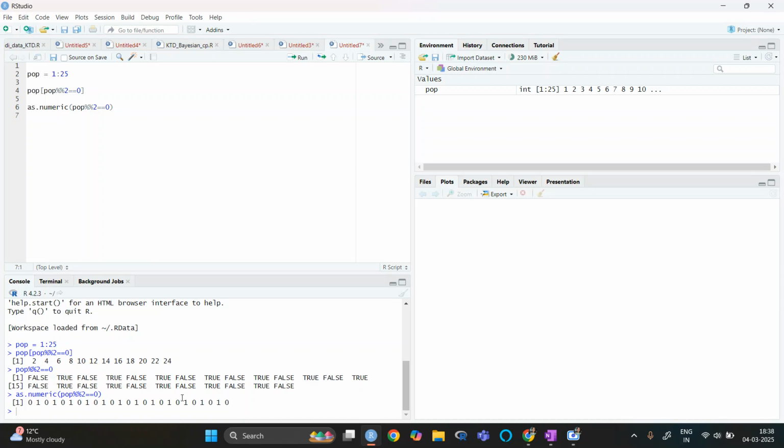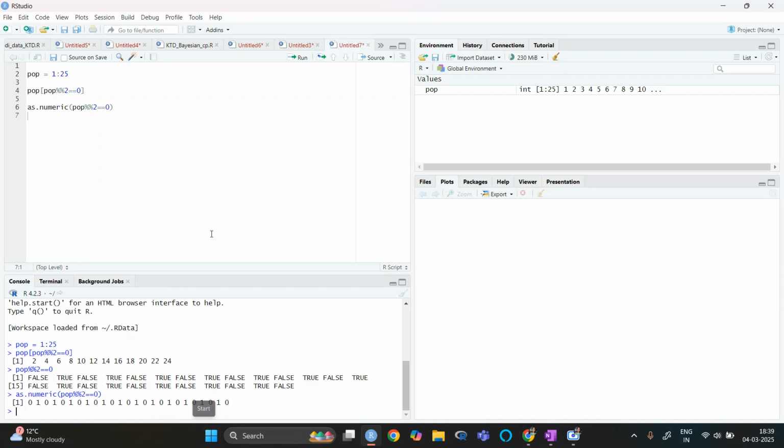So here we can see that there are 13 and 12, I think. So it will be 13 of this and 12 of this. So now we have 0 1 0 1 0 1. So this is our population.